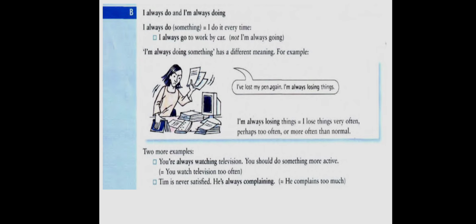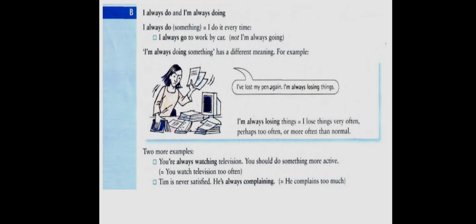I am always doing something has a different meaning. If we use always with present continuous, we have a different meaning. For example, I have lost my pen again. I am always losing my things. Here the person criticizes himself or herself, saying, I am always losing things.